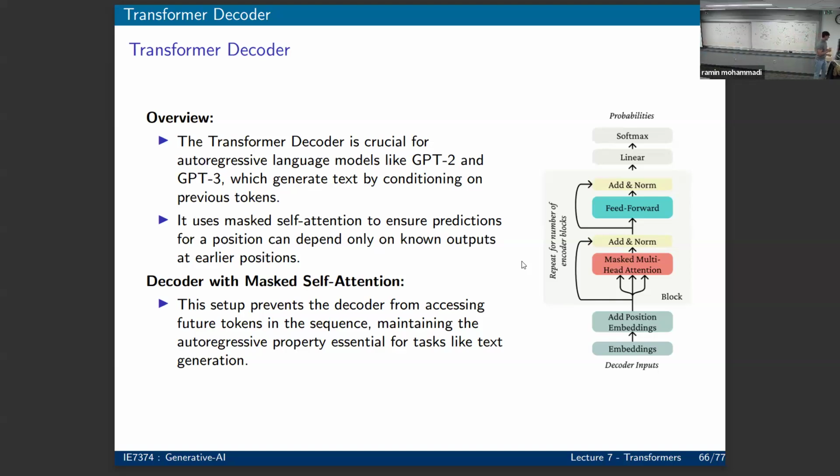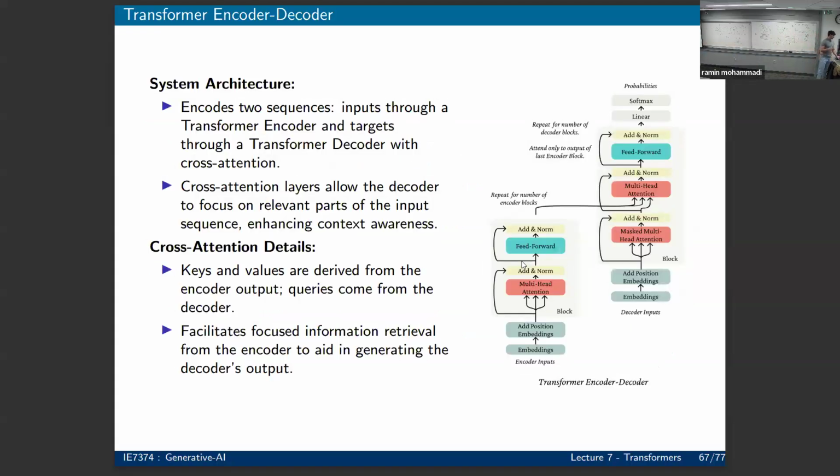However, when we go to the transformer, the architecture has a slight change, because this is encoder-decoder. Now you want the encoder to share information with the decoder. Because of that, there is a new layer in the decoder, called cross attention. So what will happen?